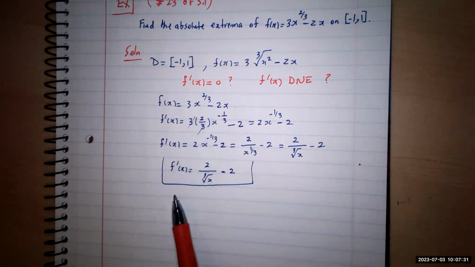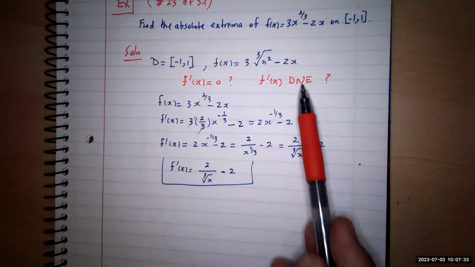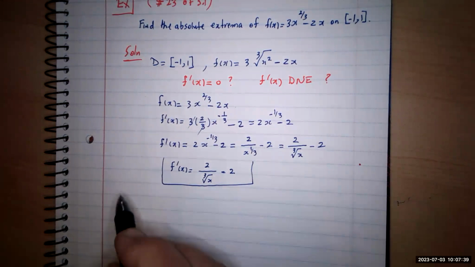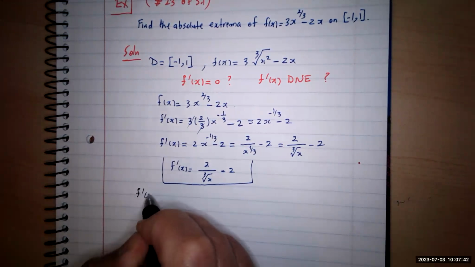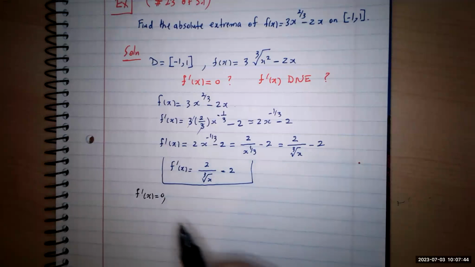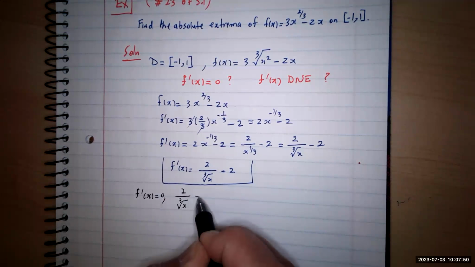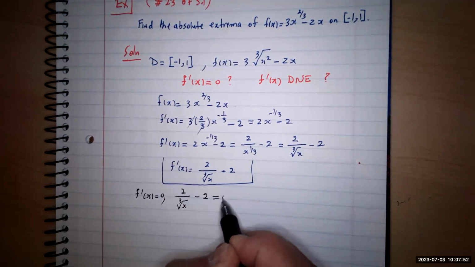Let it be equal to 0. We check the other case later. So the case one that we're going to check is to see where f prime of x equals 0. So we have to solve this equation: 2 over cube root of x minus 2 equal to 0.